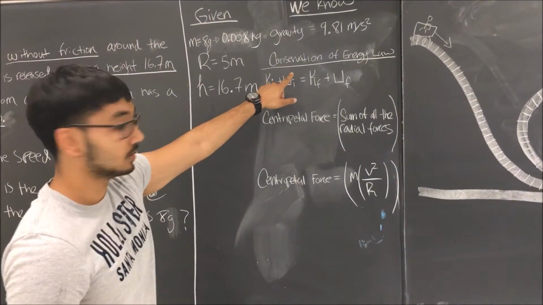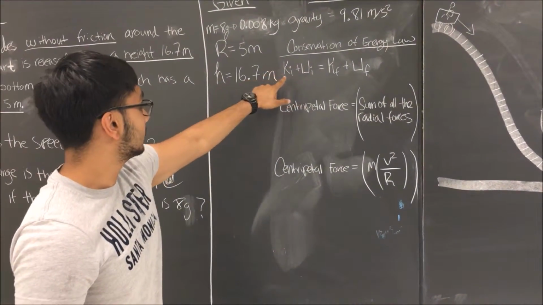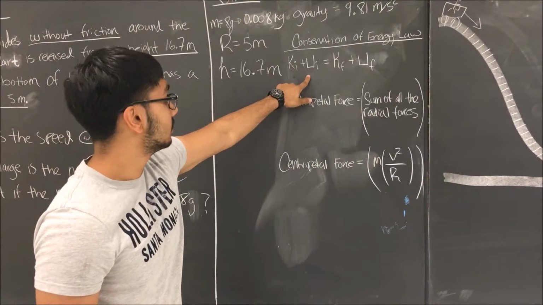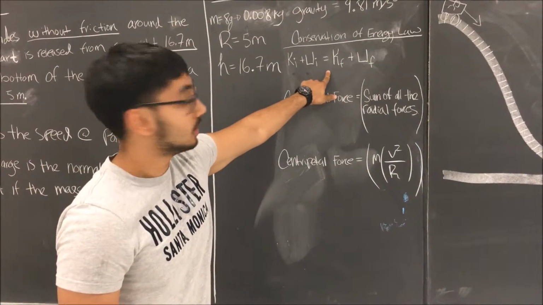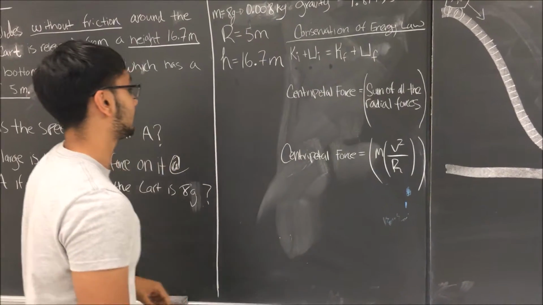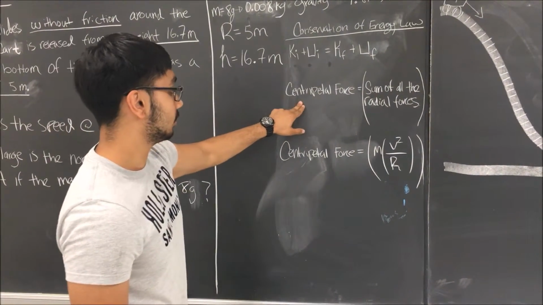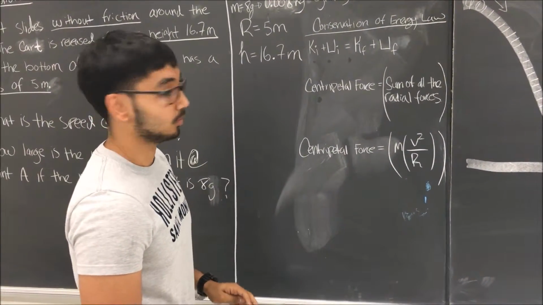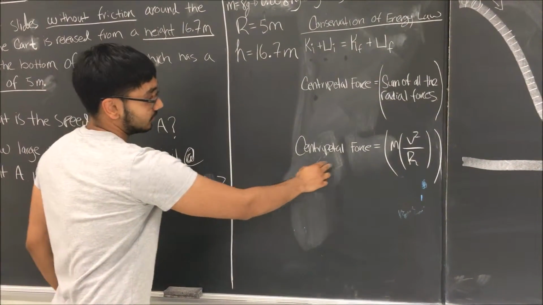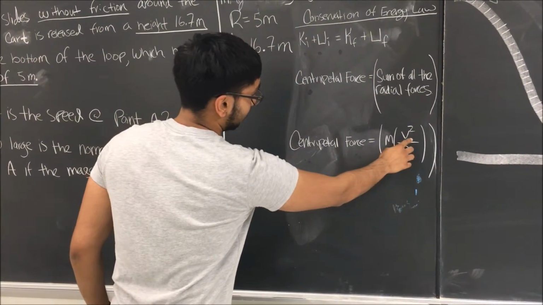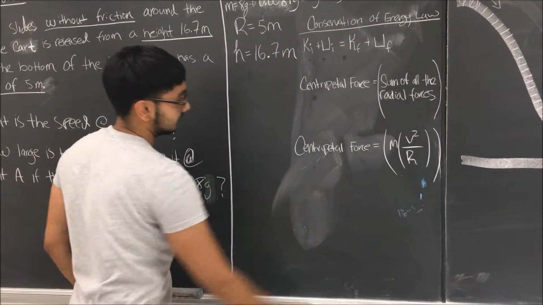We also know that the conservation of energy law is kinetic initial plus the potential initial, which is equal to the kinetic final plus the potential final. We also know that the centripetal force is the sum of all the radial forces. It's also the mass times the velocity squared over the radius.